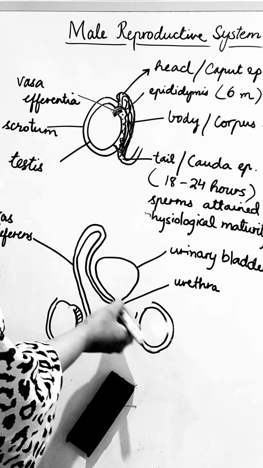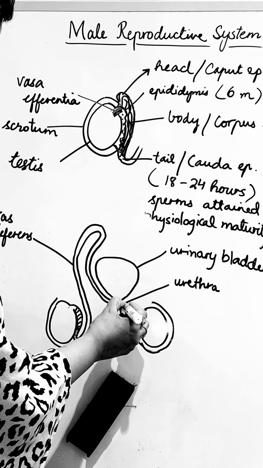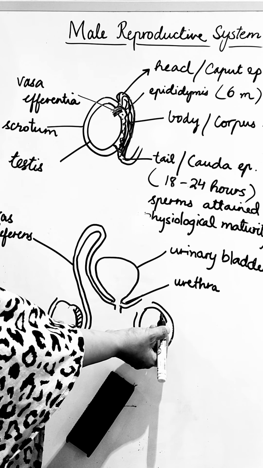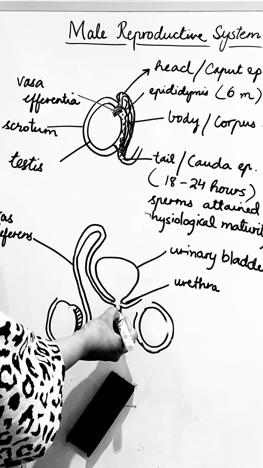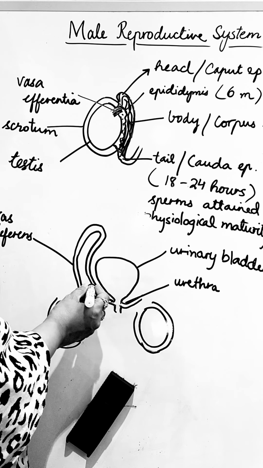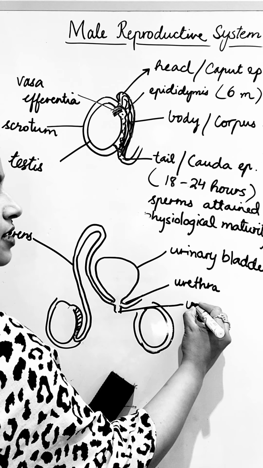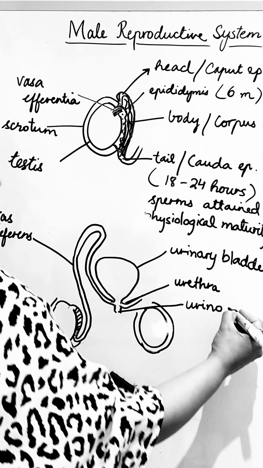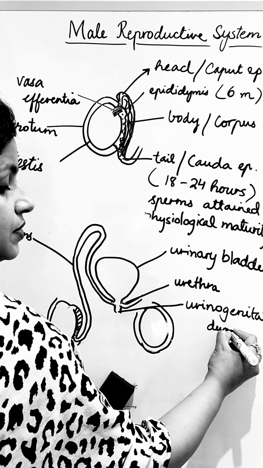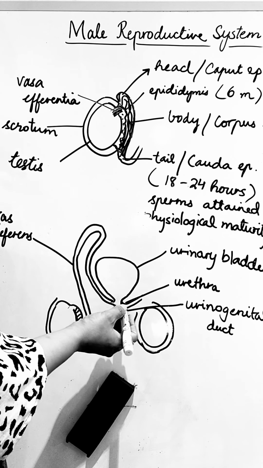One duct is also coming from the other side and opens here. This is also a vas deferens. When both vas deferens from these two testes open into the urethra, they form a structure which is common for both urine and sperm. This duct is called the urogenital duct, the common passage for both urine and sperms, or male gametes.